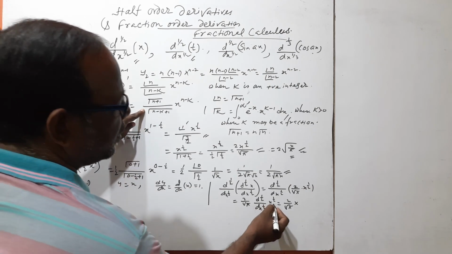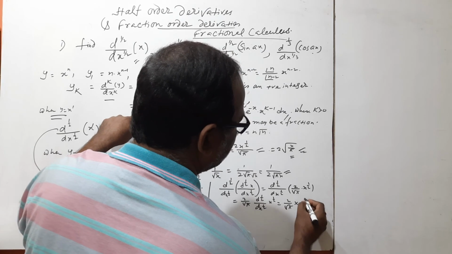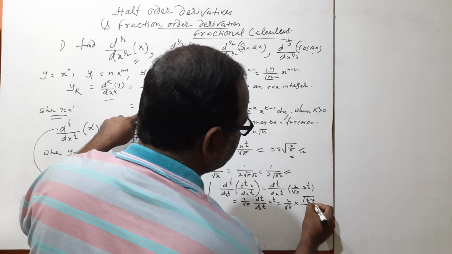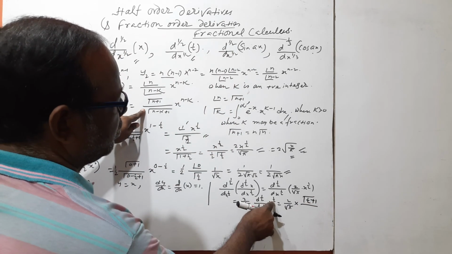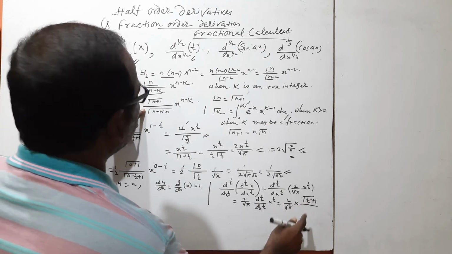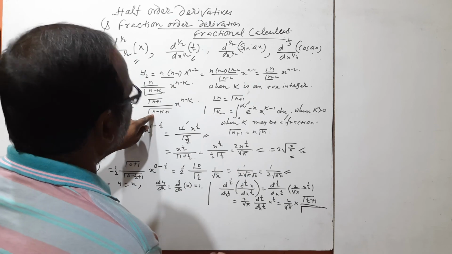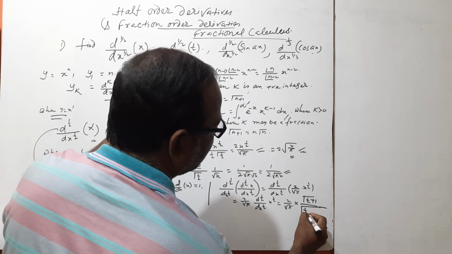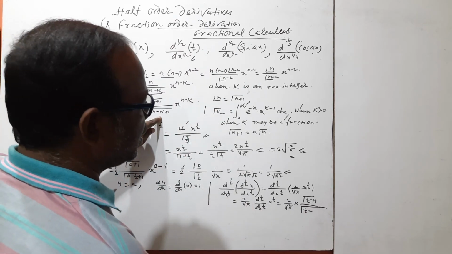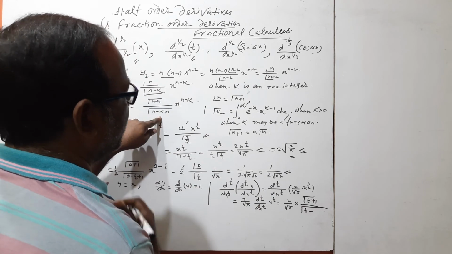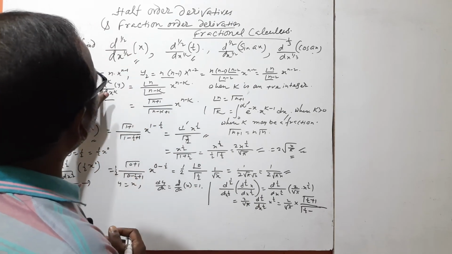So now see, the degree of x is here half, so this is n means here half. So n means half, so half plus 1. So this is again gamma, n means here half. This is the degree of x, and the order is here kth order.